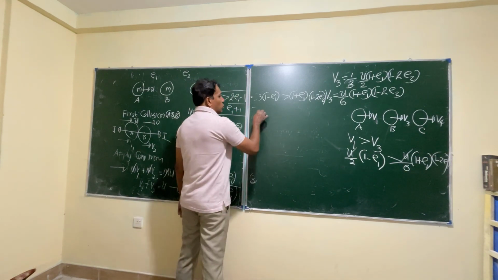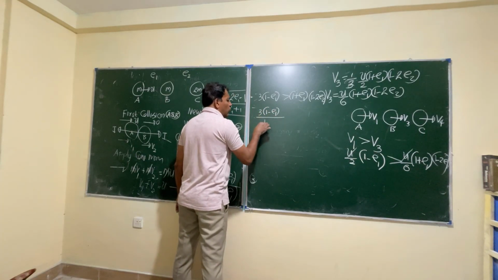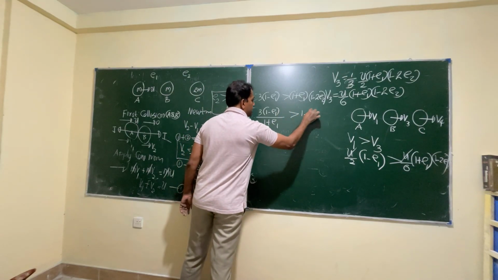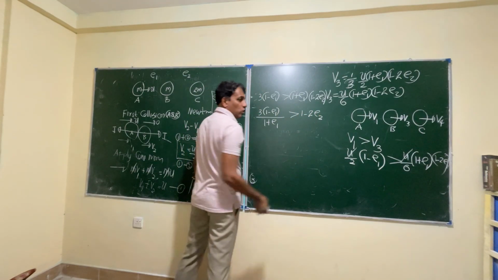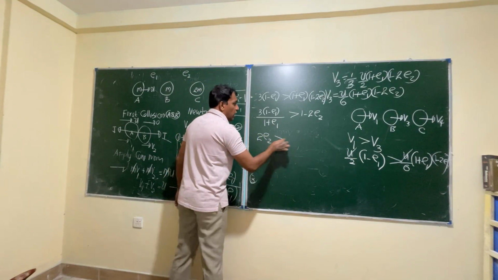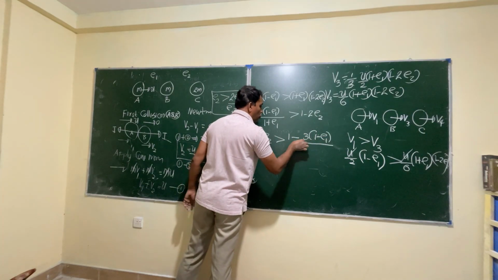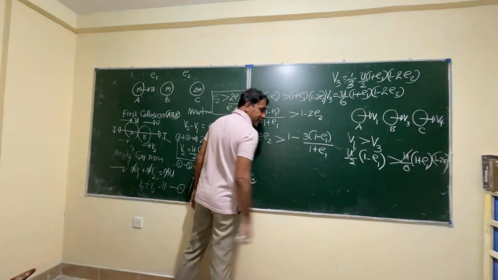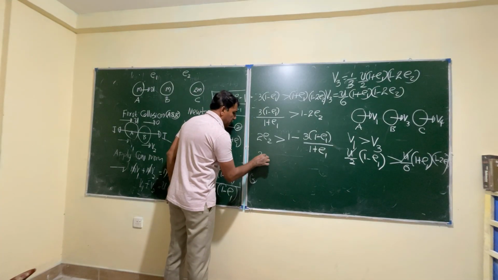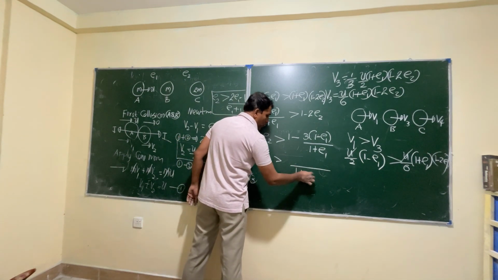Okay. So 3 into 1 minus E1 divided by 1 plus E1. The positive quantity, no change in the unequal part, 2E2. Or otherwise I can rearrange it: 1 minus 3 into 1 minus E1 over 1 plus E1, right? Pure maths applied over. So therefore 2E2 greater than, you know, the LCM is 1 plus E1.